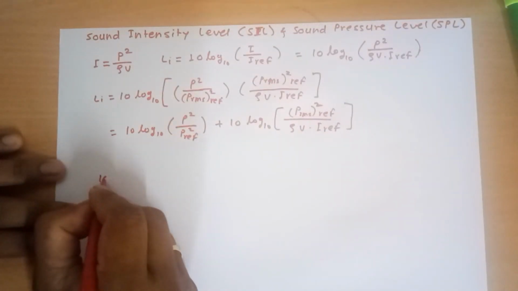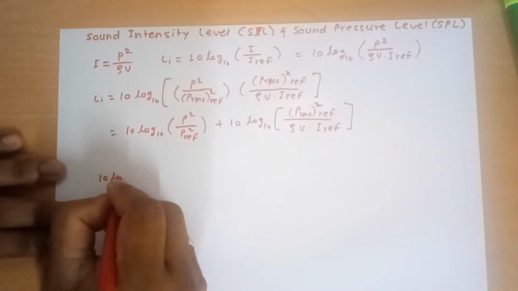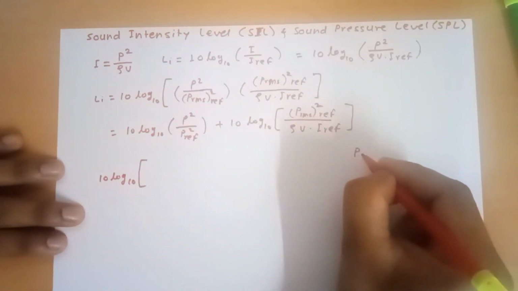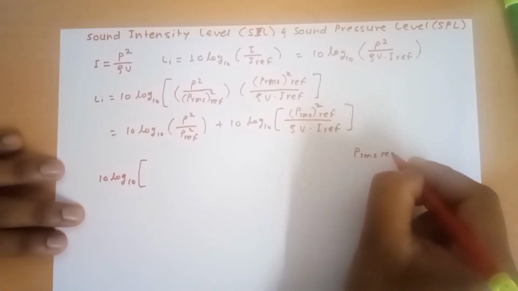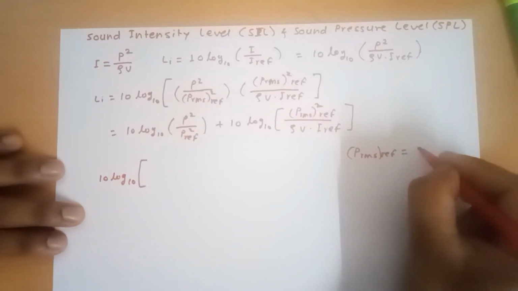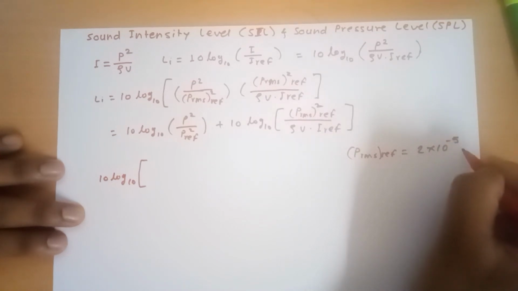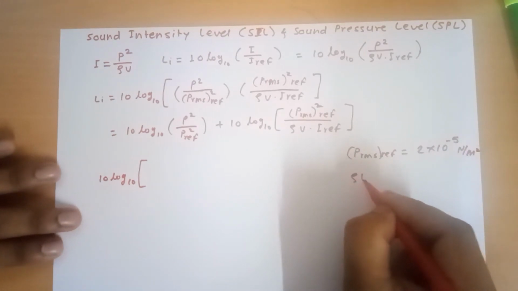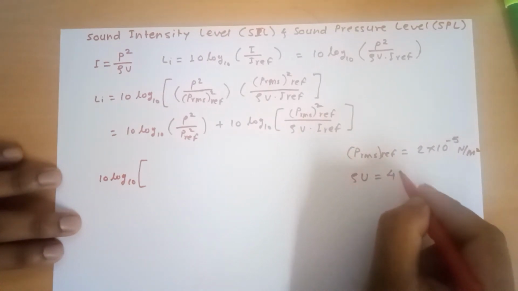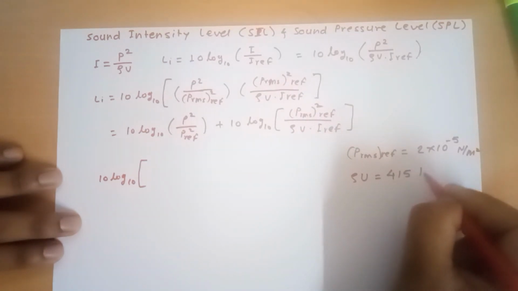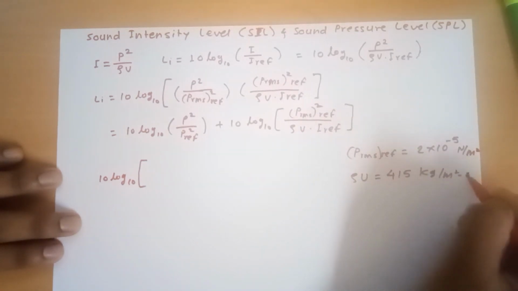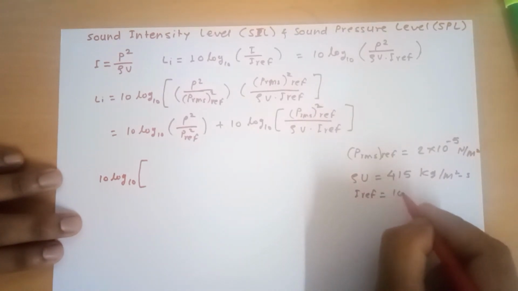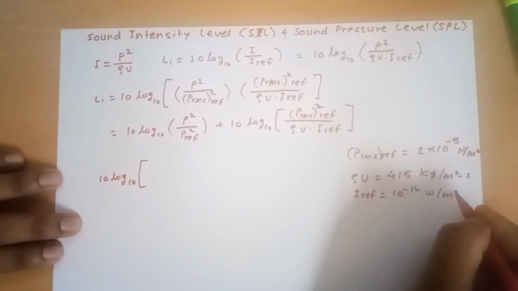We know the value of this: P RMS reference is nothing but 2 into 10 raised to minus 5 Newton per meter square. This characteristic impedance is nothing but 415 kg per meter square second, and I reference is nothing but 10 raised to minus 12 watt per meter square.